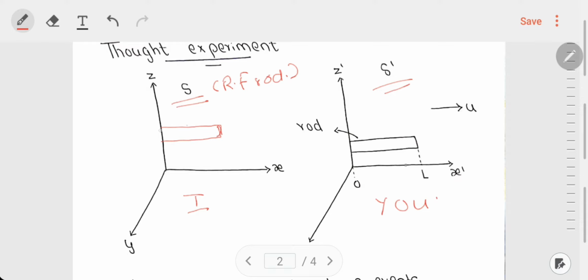As I am in this frame with the rod, I'll measure the proper length of the rod, which is, let's say, L naught. And you are in this S prime frame, which is moving to the right with relative velocity u. So when I see your meter stick, it appears to be shortened. Let us see how.